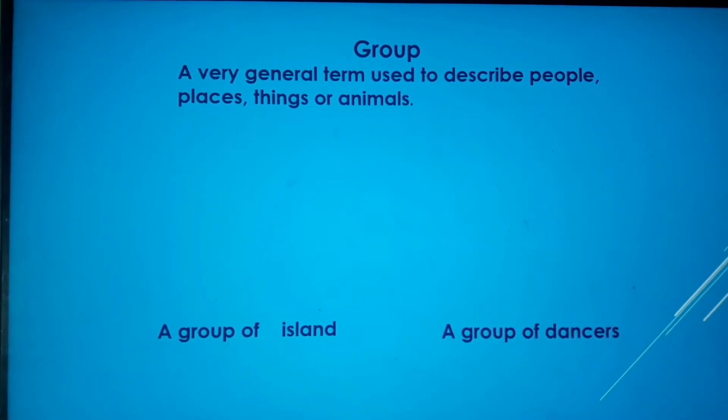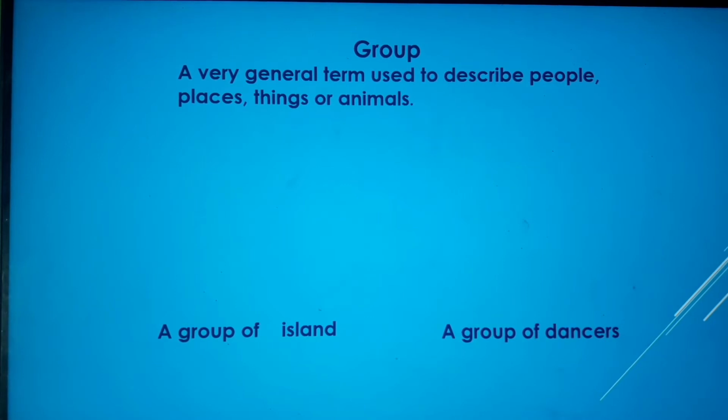Till now we learned the collective nouns related to animals, people and things. Here generally we are going to learn the collective nouns. So here first we are going to learn group, the collective noun of group. A very general term used to describe people, places, things or animals.